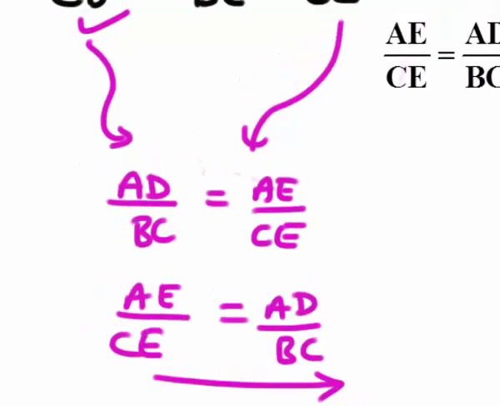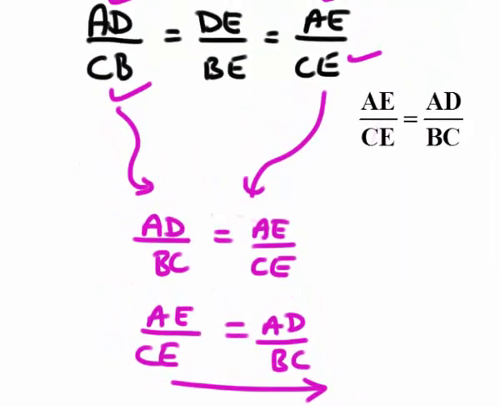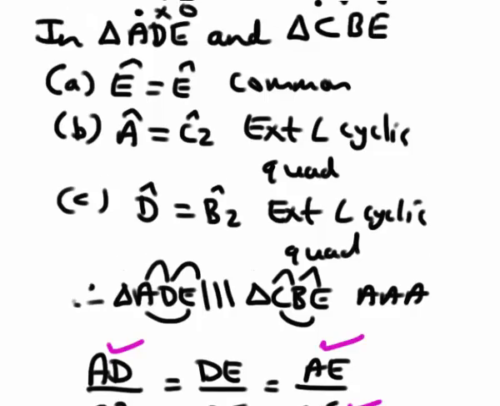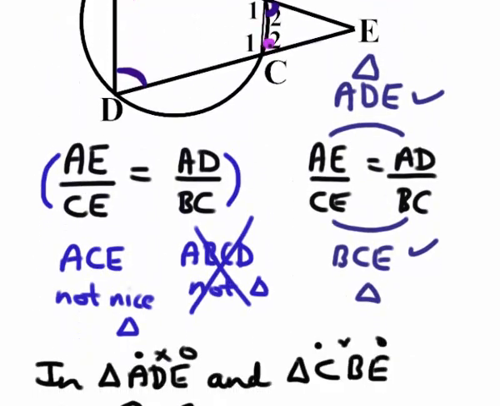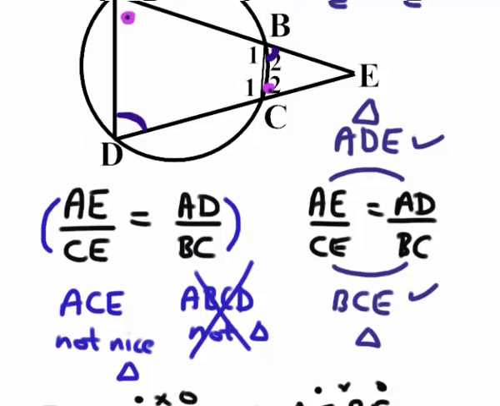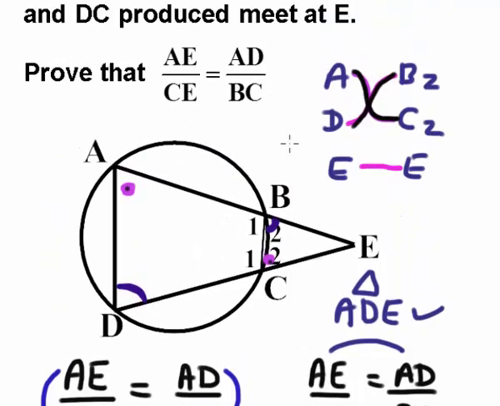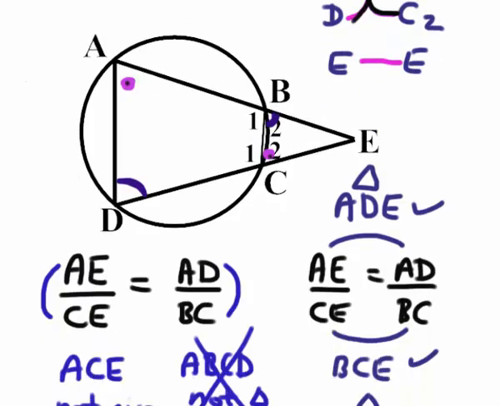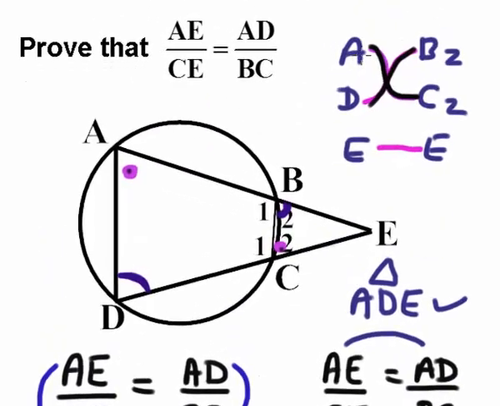Okay, well guys, this stuff is so important that you get this in mind. Remember to identify your triangles by either taking the letters from the top and the bottom, or going across, and sooner or later you get a triangle. Once you've got the two triangles, it's very, very important that you write the angles down in alphabetical order. Triangle ADE, and the other triangle is BCE, and then you match.